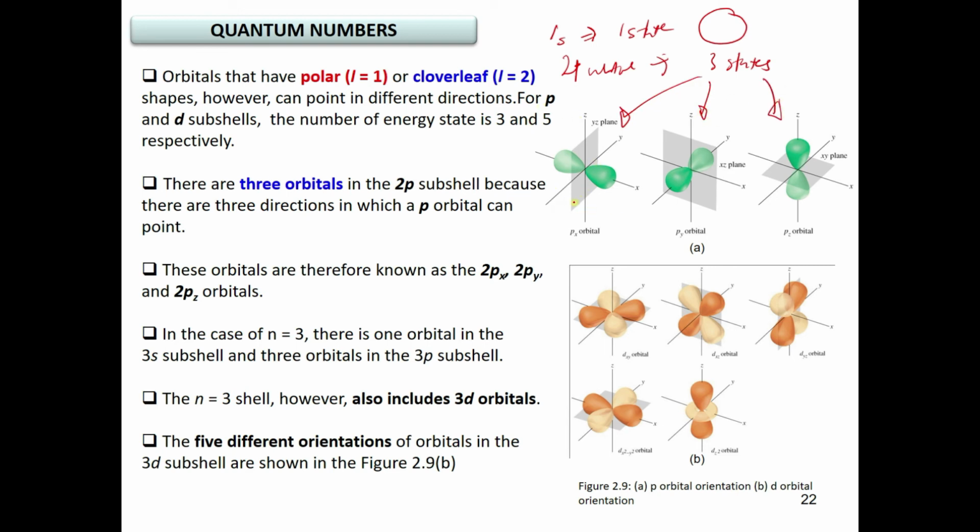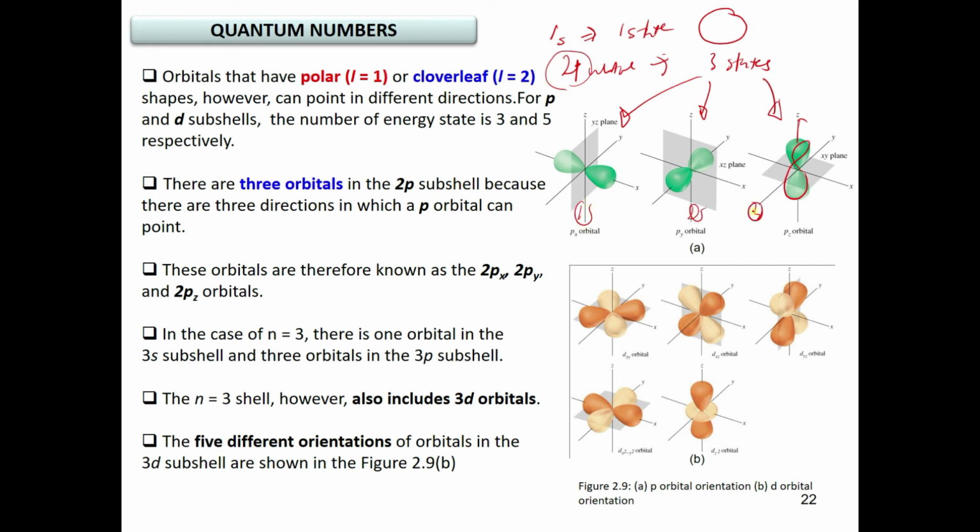The first shape is for the orbital known as 2px, because it's energy level 2. This is the x-axis. The one beside it along the y-axis is 2py, and the one in line with the z-axis is the pz orbital. So the 2p orbital has 3 energy states.